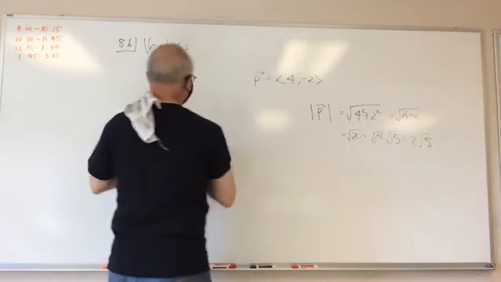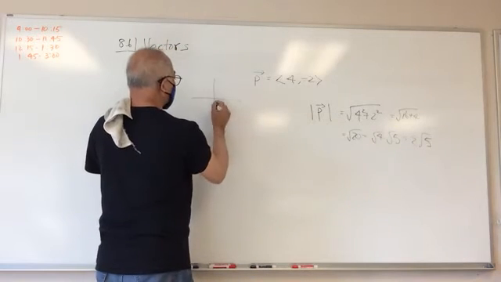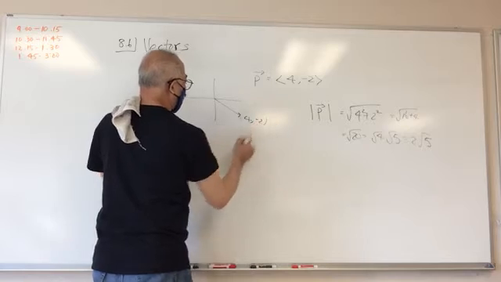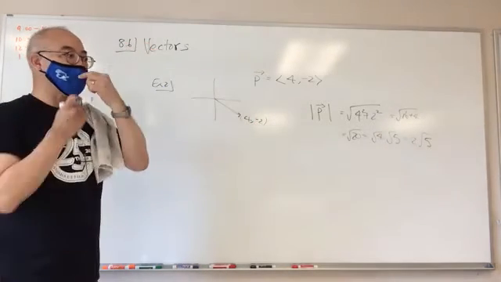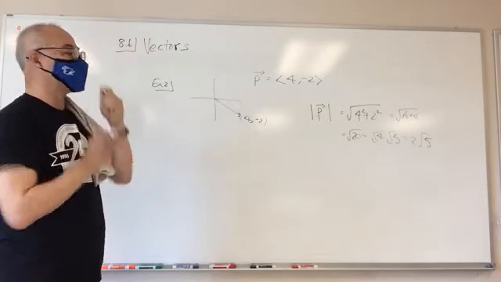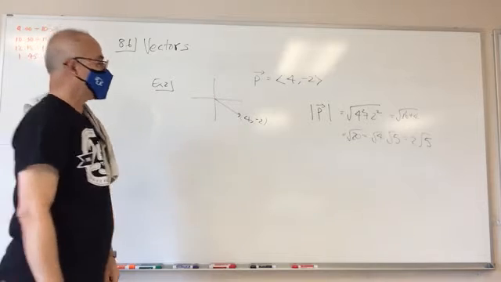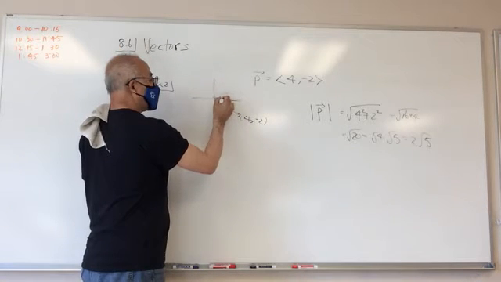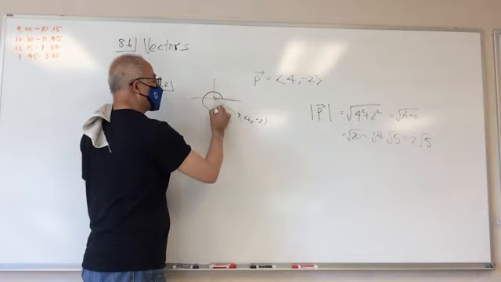Okay, so let's go back to this guy. We just did this one, right? It was 4 and -2. So the angle or direction of this vector is you start from the positive x, going counterclockwise.